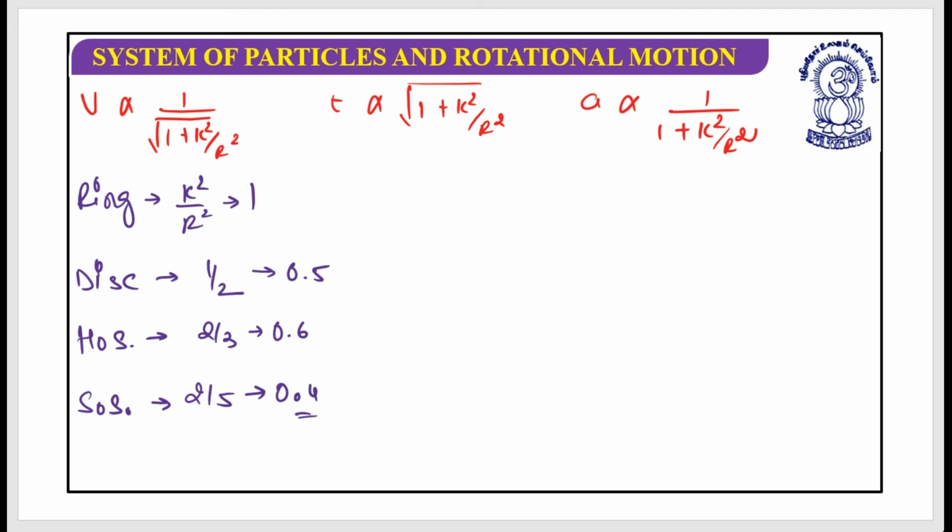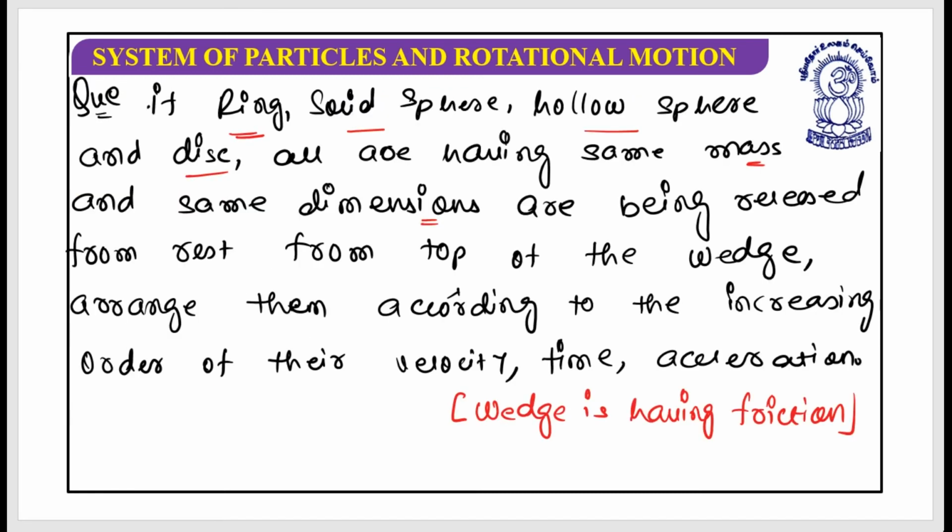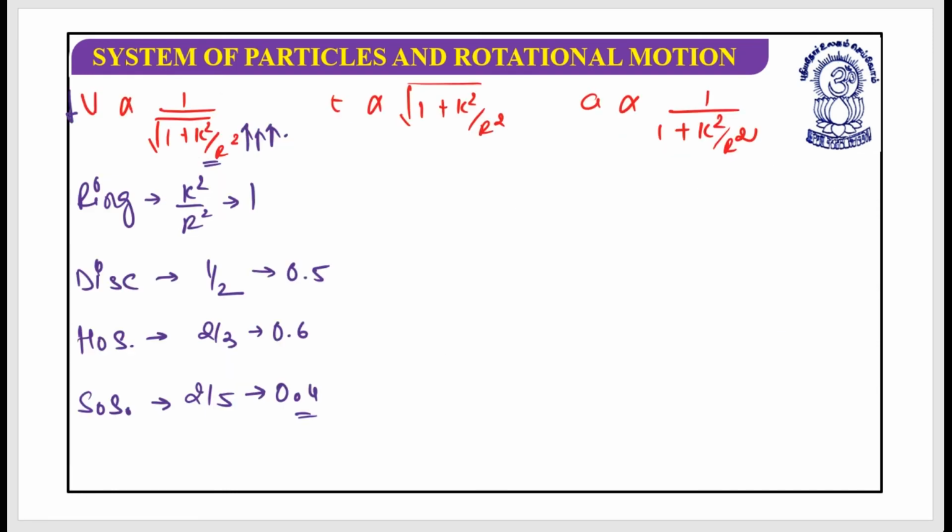So now I understood that the object having higher k square by r square will have the lower velocity, and I want to arrange them in increasing order. So the least would be first. The least velocity would be for the higher k square by r square.